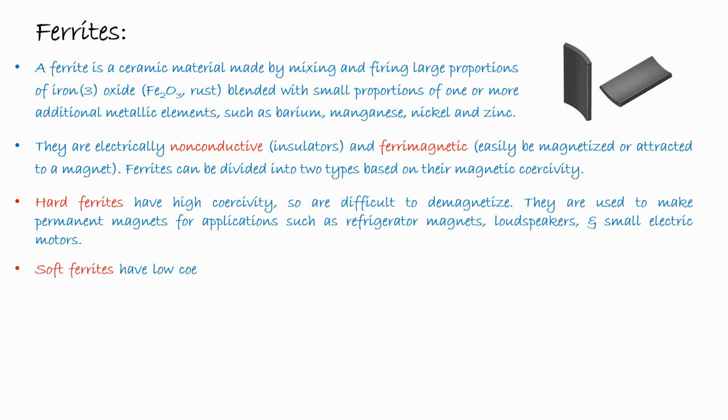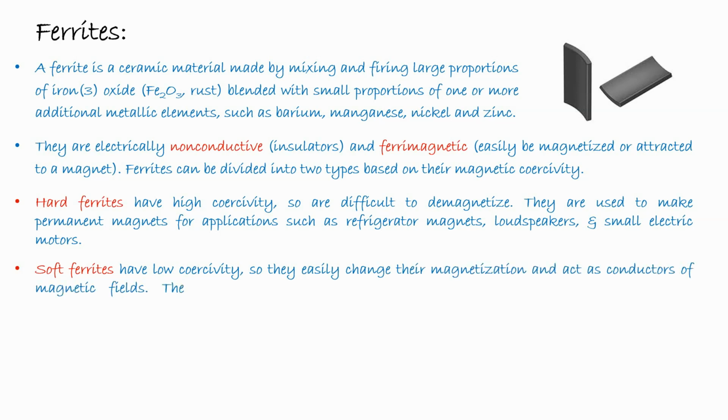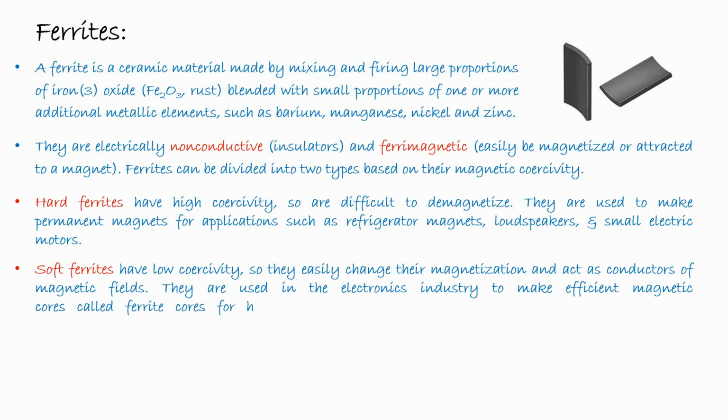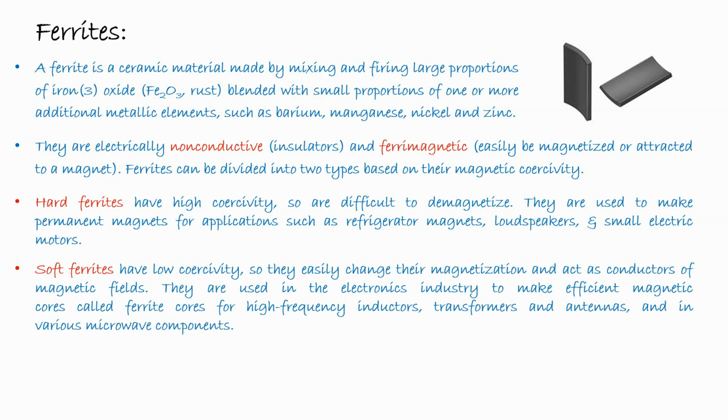On the other hand, the soft ferrites have low coercivity, so they can easily change their magnetization and act as conductors of magnetic field. They are basically used in the electronics industry to make efficient magnetic cores called ferrite cores for high frequency inductors, transformers, and antennas, and in various microwave components also.